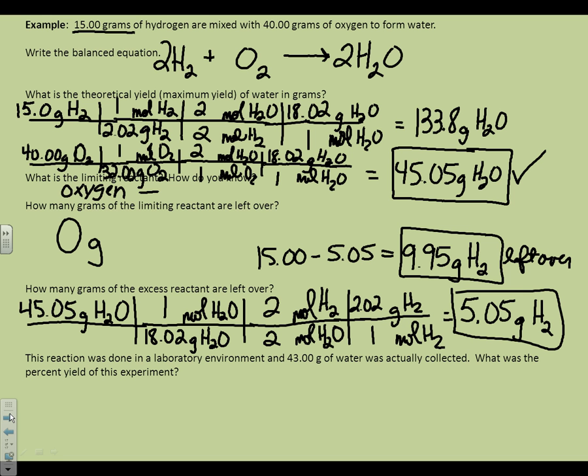If this reaction is done in a laboratory and we produce 43 grams of water, what was the percent yield? We go back to our percent yield equation, which is actual over theoretical.